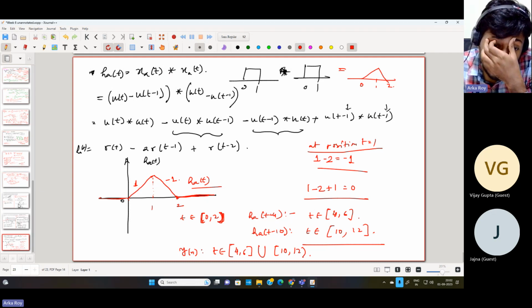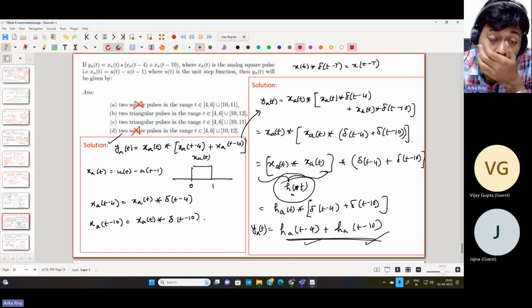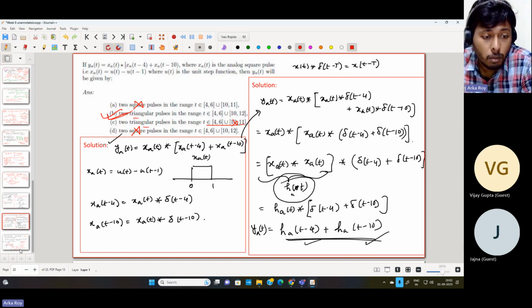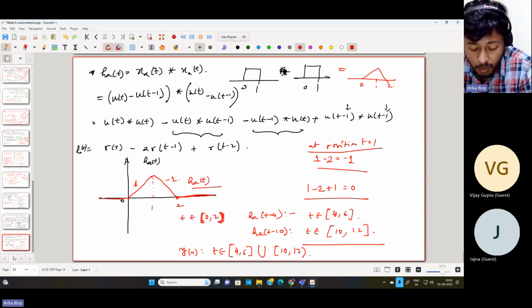So thereby this is a triangular signal. So these initial options will be nullified. Now for triangular signals, we need to see what the time range is. Because 10 to 12 is the final answer, option B is the final answer for this particular question.